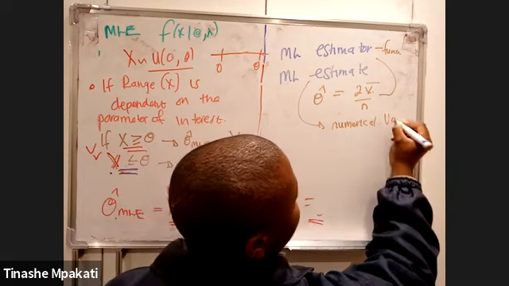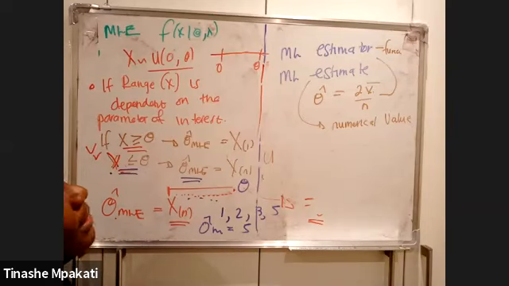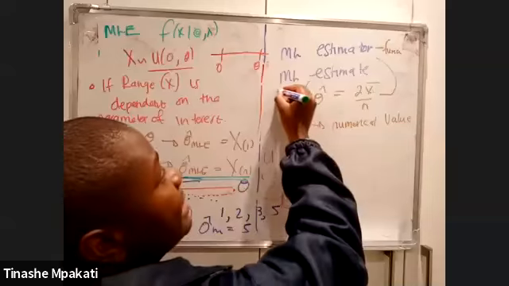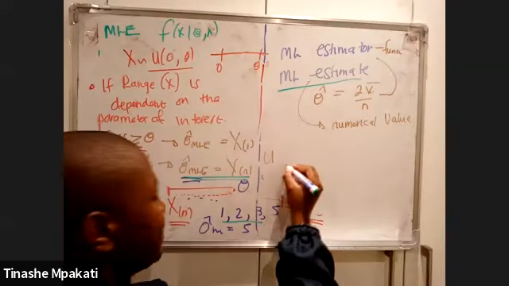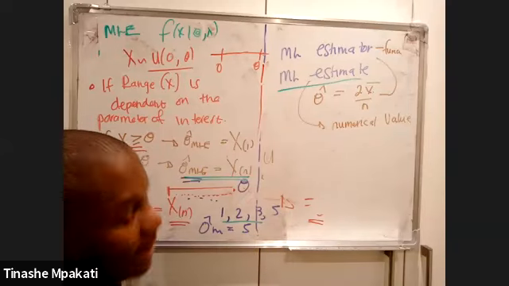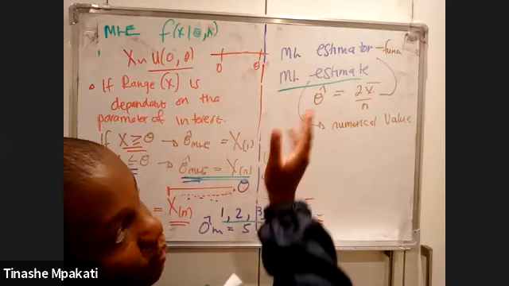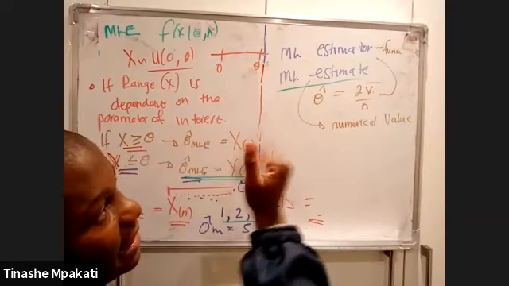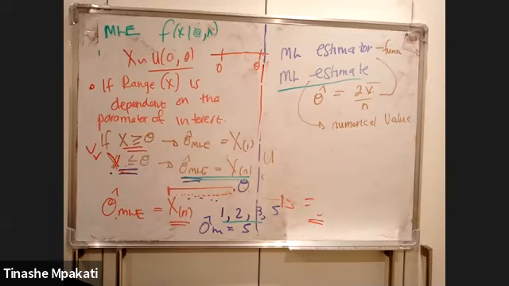The reason this quickly came to my mind is that in a case where you are just asked to find the maximum likelihood estimator, you can simply end at this point here. But in a case where they ask you to find the maximum likelihood estimate, and you're given the data, then you can go as far as locating the largest observation in your data and plugging it in. So just want to put it out there: when you say estimator, leave it as a function, and for an estimate, you leave it as a numerical value.